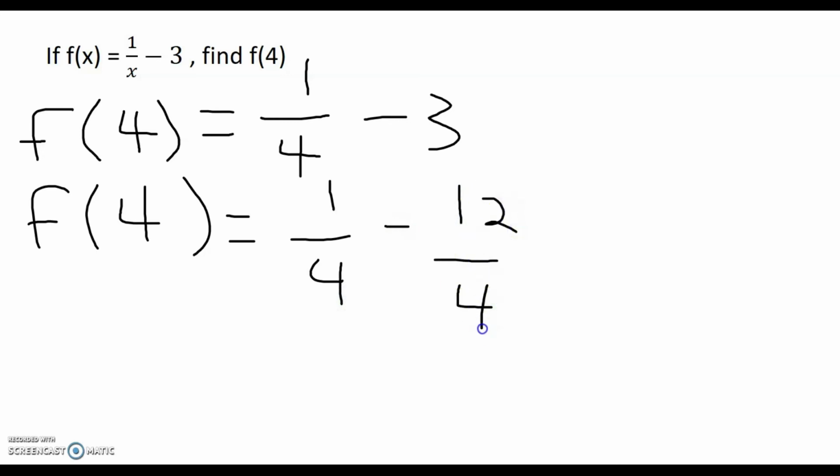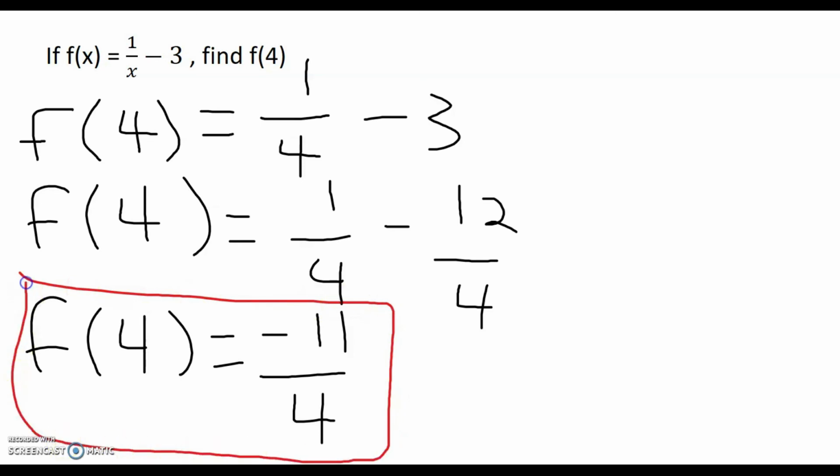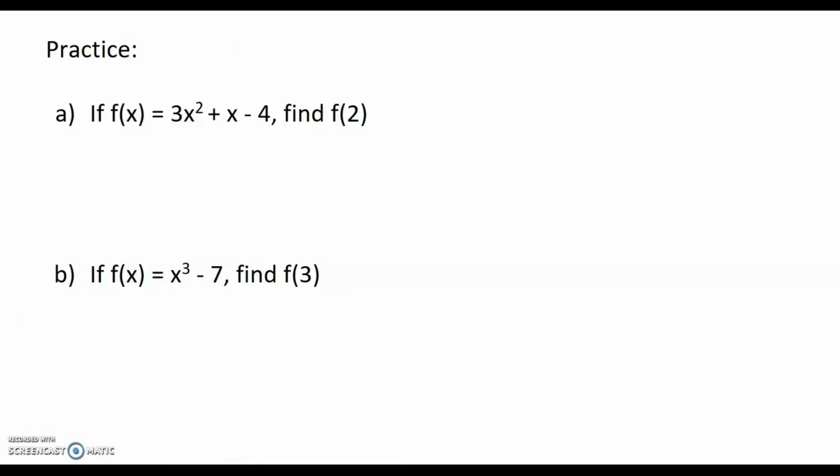I converted 3 to 12 over 4, so I can subtract fractions easily using the lowest common denominator, thus giving me an output value of negative 11 over 4. Furthermore, since we are using function notation, we can easily determine the coordinates of the graph at this point, which are 4 and negative 11 over 4.